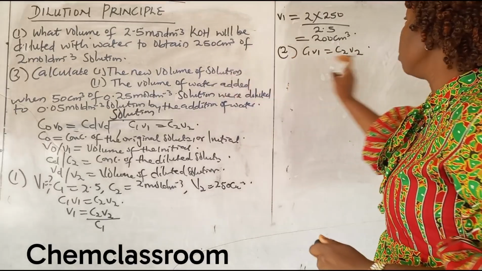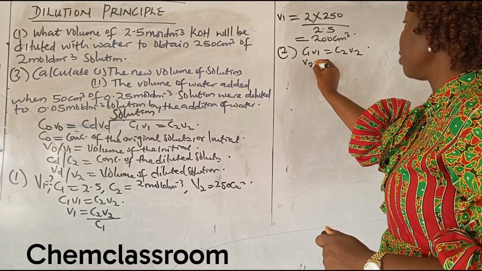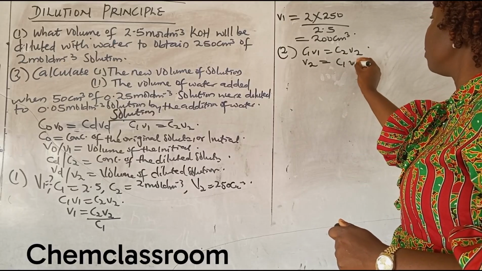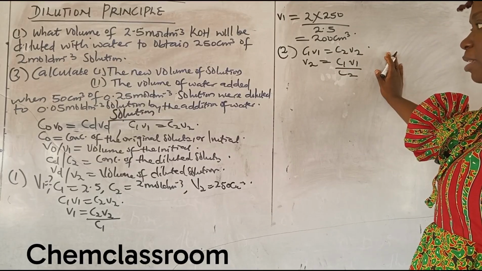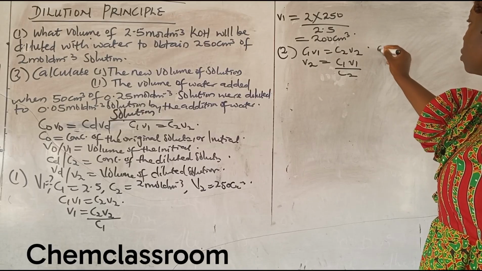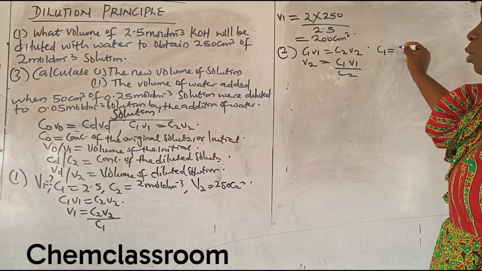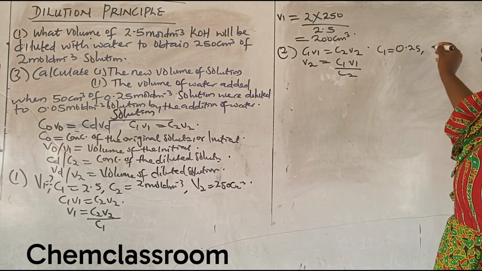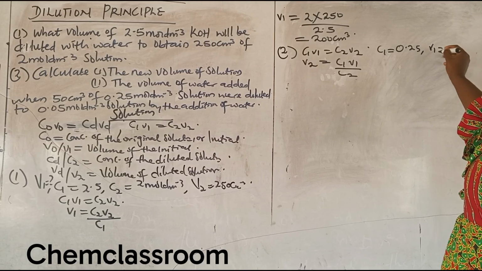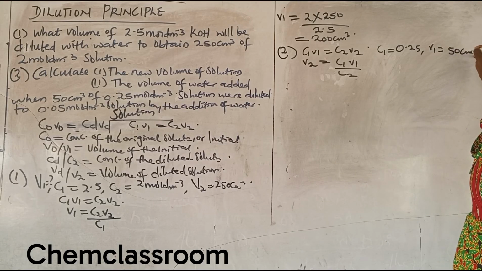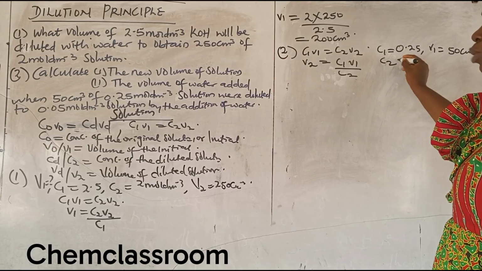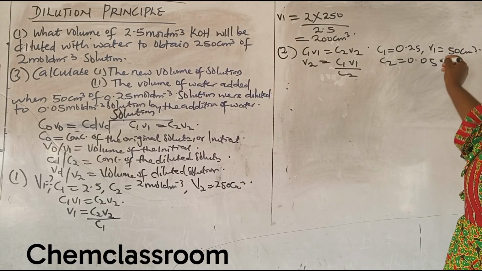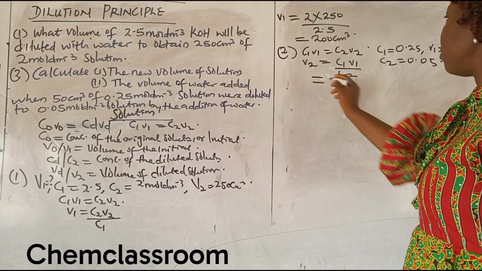We are looking for the new volume, so we'll be looking for V2. So our V2 will be C1V1 divided by C2. Let's write out our parameters. My C1 is 0.25, my V1 is 50 cm³, then my C2 is 0.05.